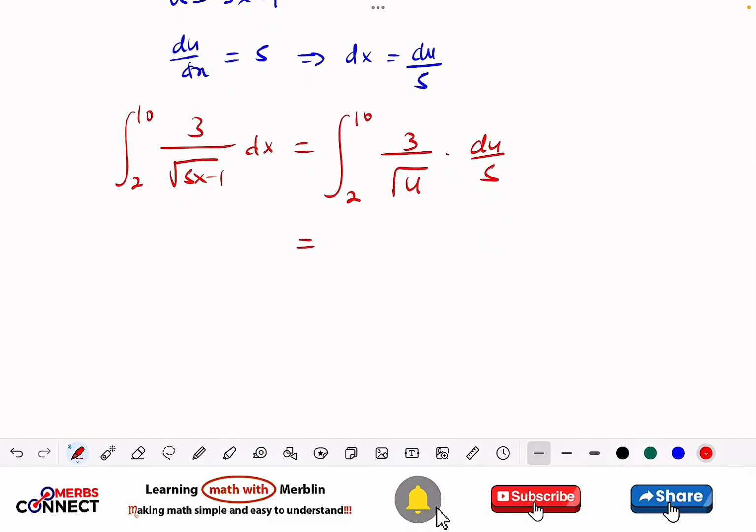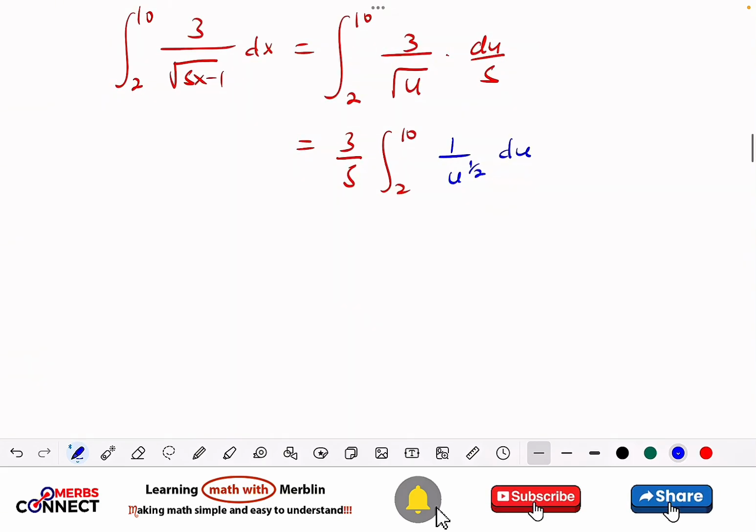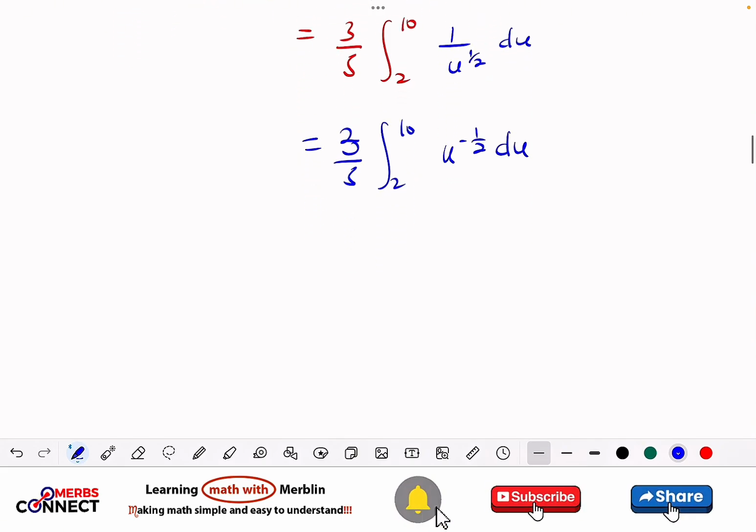This is going to be 3 divided by 5, from 2 to 10. This is the same as 1 divided by u to the power 1 over 2 du, and I can write this as u to the power minus 1 over 2 du. Now the integration: when I integrate this, I add plus 1, so I'm going to have u to the power 1 over 2 divided by 1 over 2, from 2 to 10.